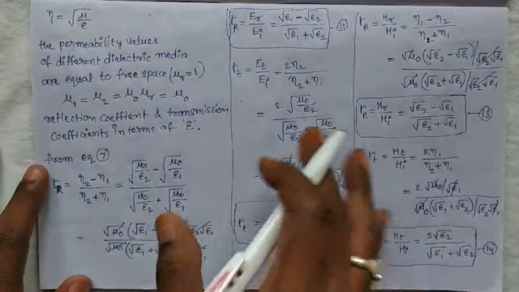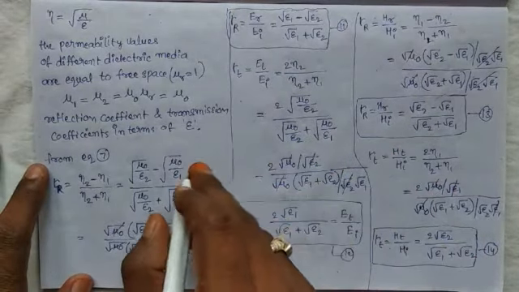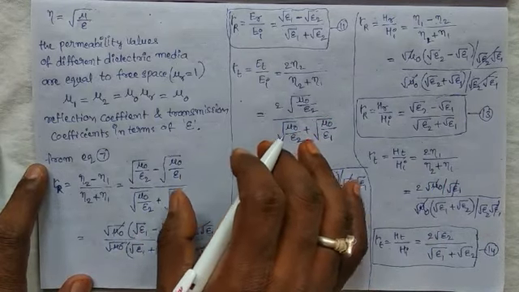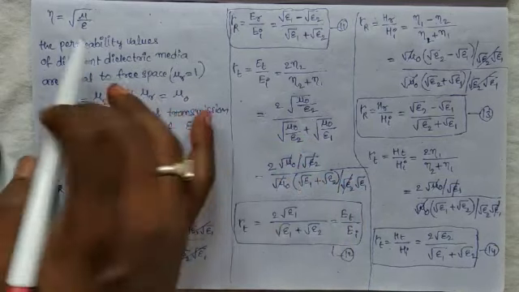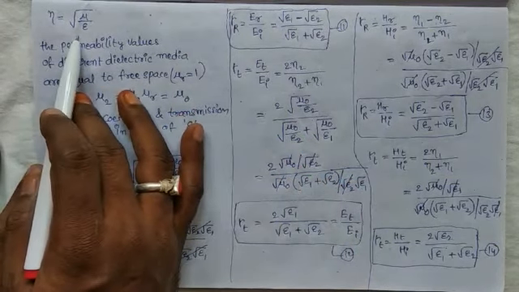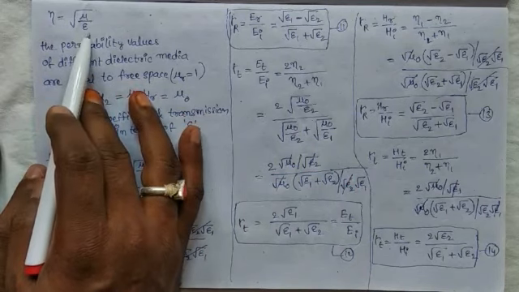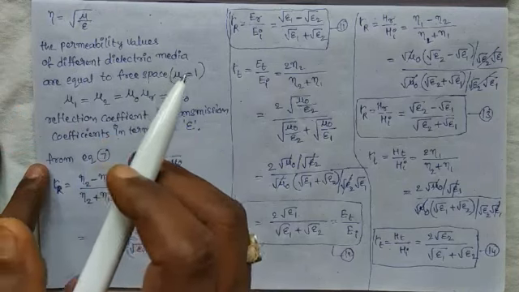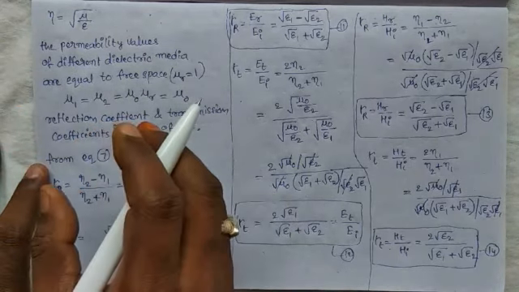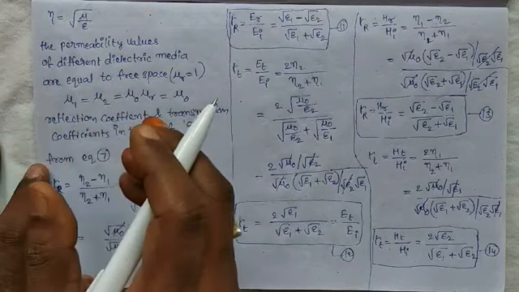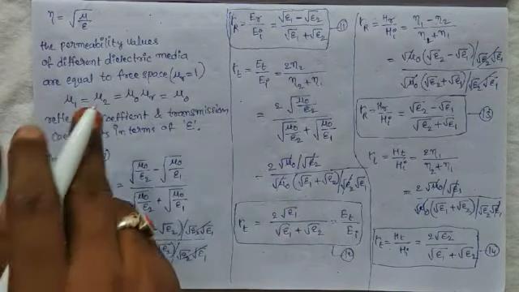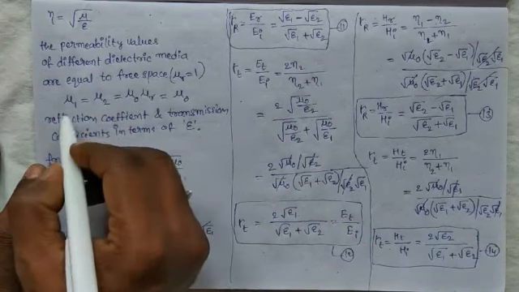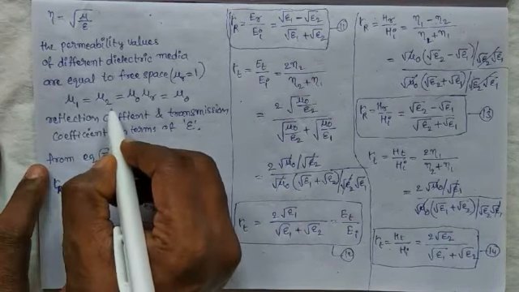Similarly, we are expressing the transmission coefficient and reflection coefficient in terms of permittivity. In terms of permittivity, we know the eta value. How to calculate the eta value? Eta is the square root of mu by epsilon. Practically, the permeability value for any dielectric medium is equal to the free space value, mu1, mu2 is equal to mu naught into mu r.